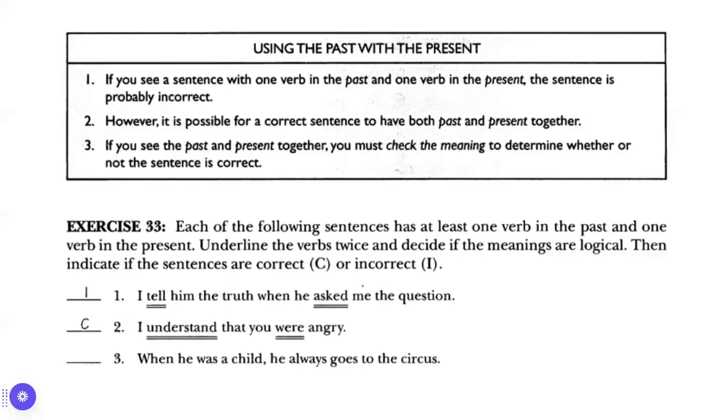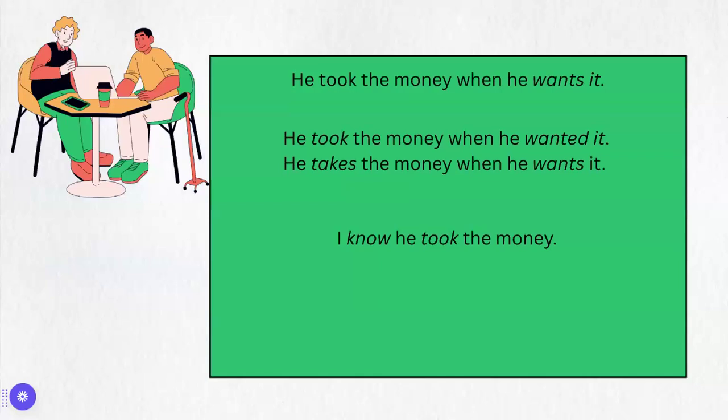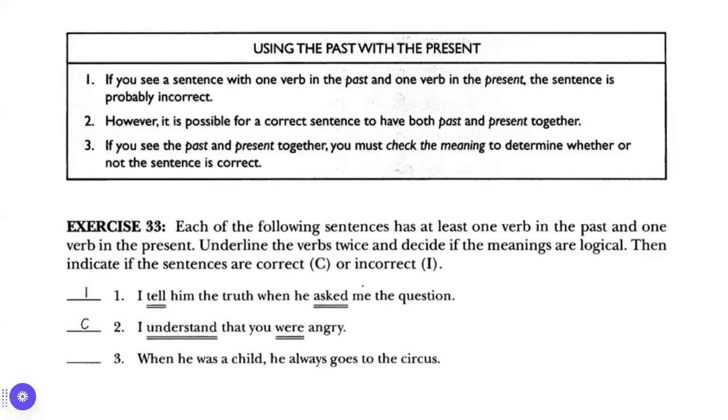However, it is possible for a correct sentence to have both past and present together. As we saw here, "I know he took the money." If you see past and present together, you must check the meaning to determine whether or not the sentence is correct. We have to do a little bit extra reflection and not just focus on parallel structures, for example.